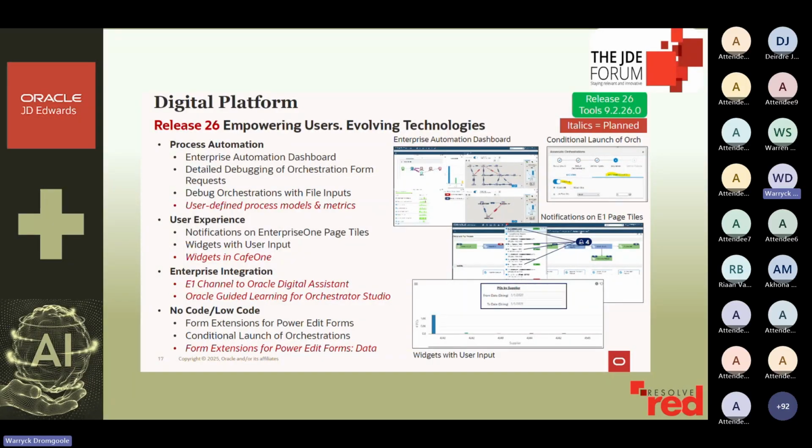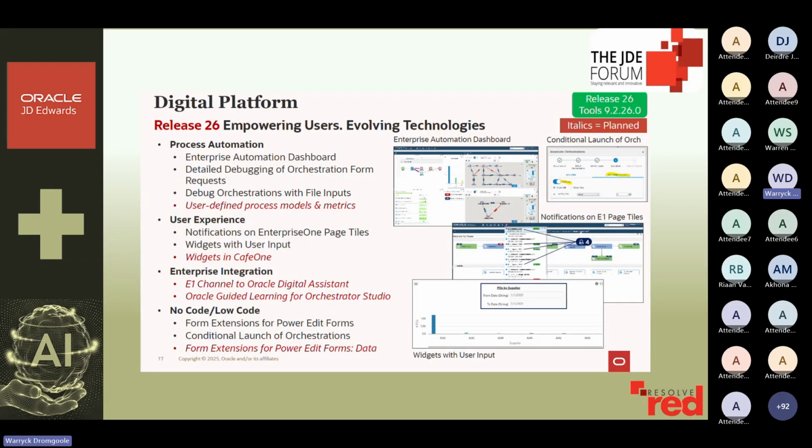So with process automation, there is the enterprise automation dashboard, your detailed debugging of orchestrator form requests, and debug of orchestrations with file inputs. From the user experience, you get notification on enterprise one-page tiles and widgets with user inputs. With the no-code, low-code, you get form extensions for power edit forms and conditional launch of orchestrator.